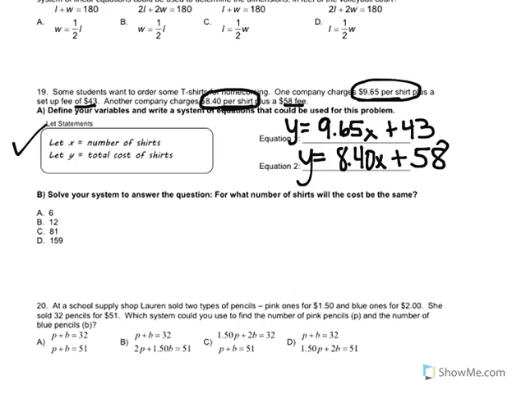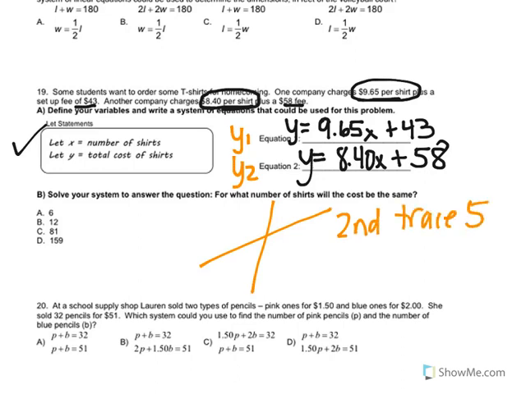Now, it says solve your system of equations to figure out when the cost would be the same. So this is an easy one to do because they're already both solved for y. How nice. So we can put one equation into y1, put the other one into y2, then you're going to hit graph, and then you're going to do second, trace, number 5, and then enter, enter, enter.